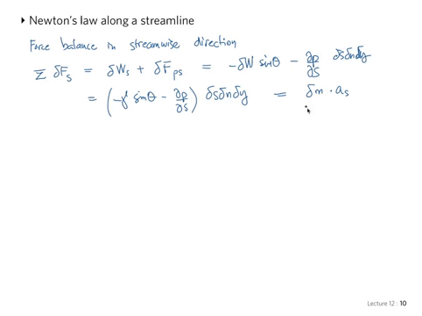You see that the volume cancels out when I write here rho times volume. So I can write minus gamma sine theta minus dp ds equals rho times the acceleration in the streamwise direction, which we already know is equal to v dv ds. This is now per unit volume.